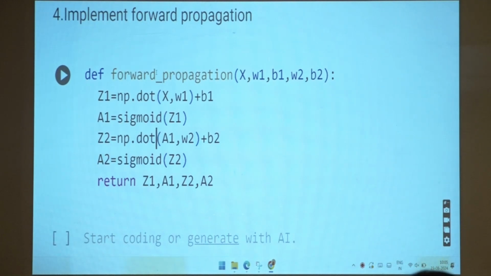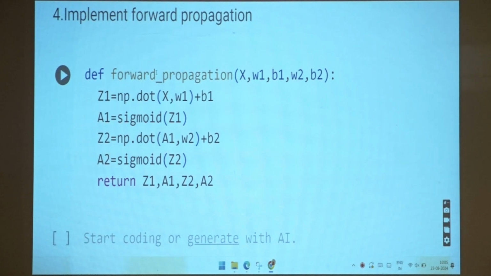And then I am taking A2, which is again sigmoid. Is that clear? And then I'll return what? I'll return Z1, A1, Z2, A2. Now tell me what is Z1? Got it? So what is A1? Activated output of the hidden layer.